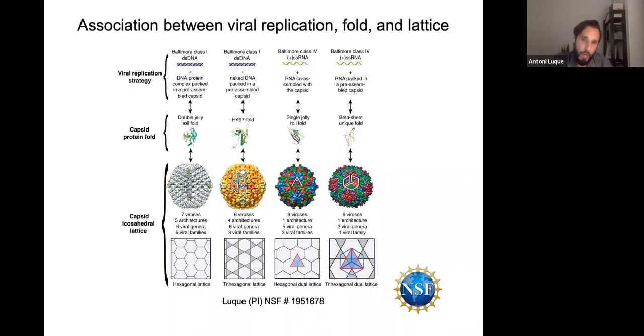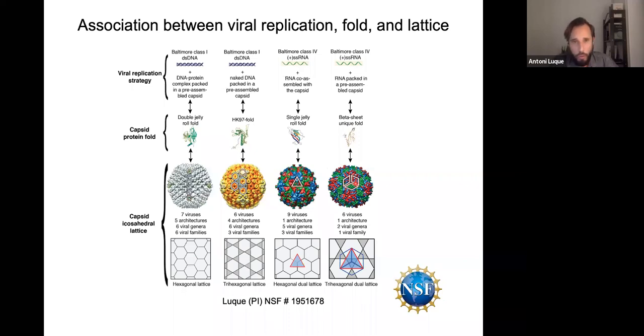And sequencing right now is relatively affordable and accessible, and you can sequence microbial communities and viral communities, even if you don't have a clue what viruses are there and what hosts have these viruses, which means that using this framework, we can start exploring the ecology and evolution of these capsid structures in the environment directly from the environmental sequences that we're obtaining. And that's the direction where we're going.